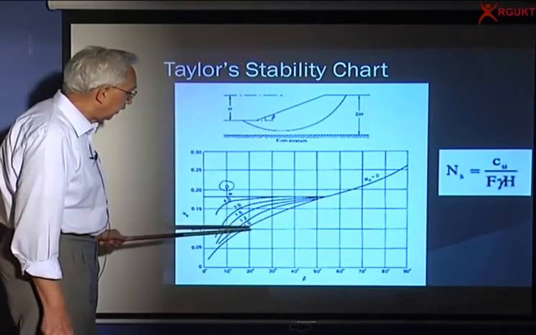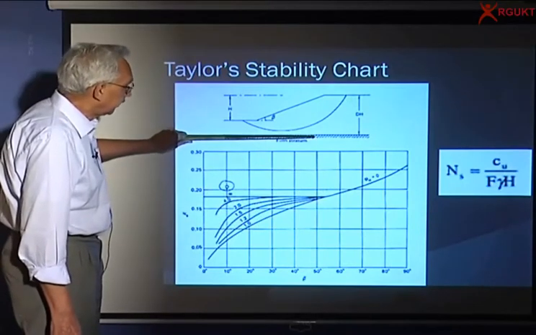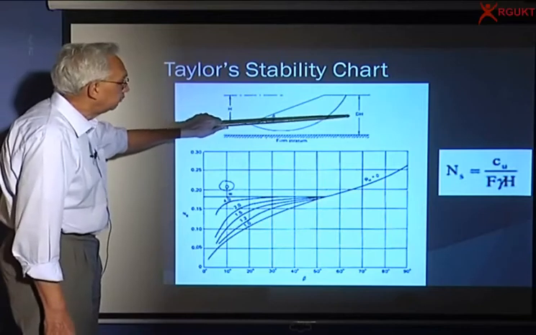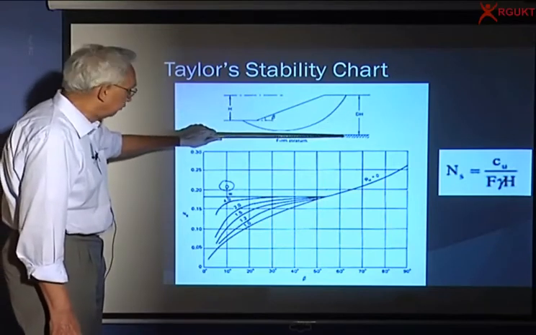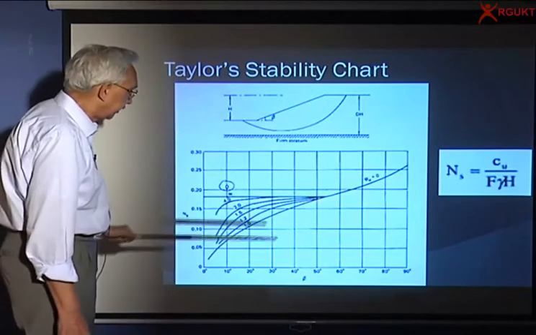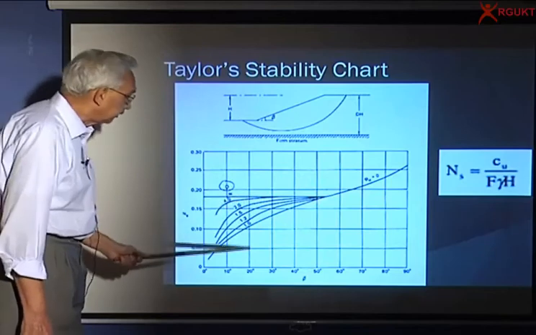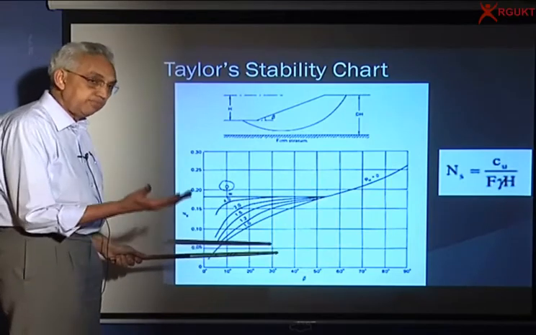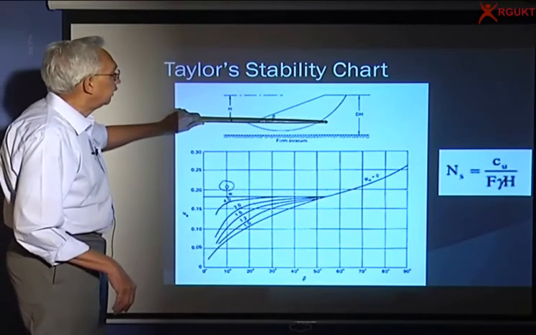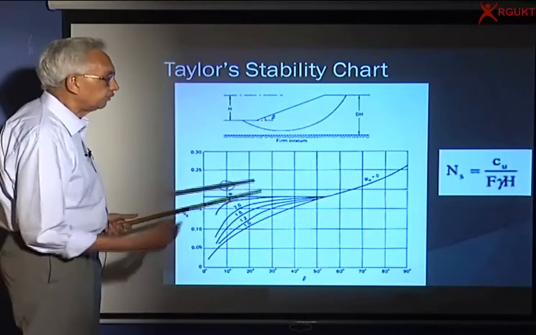If you have a finite layer, for example, this hard stratum is at a depth d is 1, which means it's here, d is 2 means twice the height, etc. And then you can see the stability number becomes smaller, which means the failure surface cannot go into the soft clay, so the factor of safety will be higher.